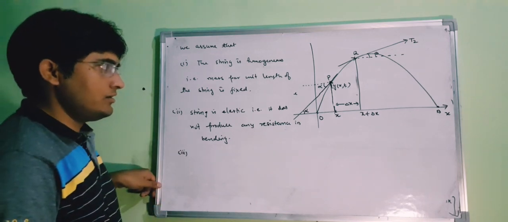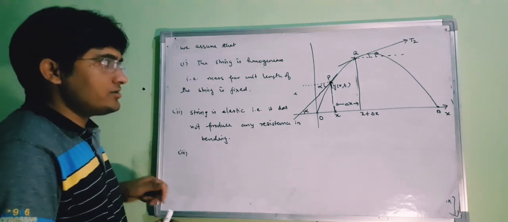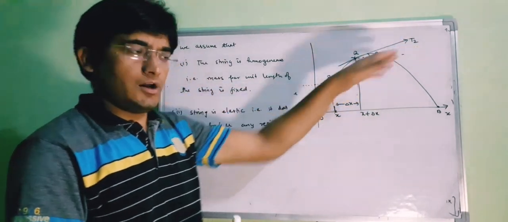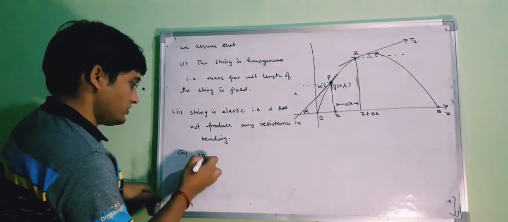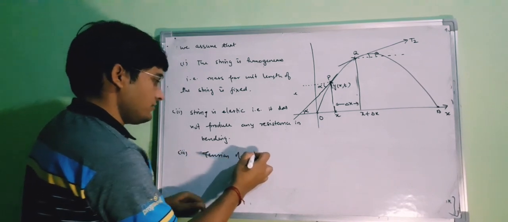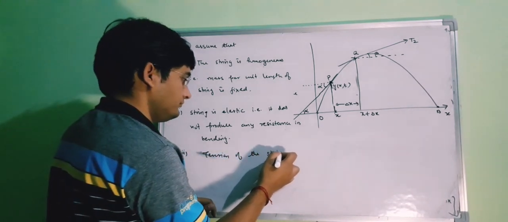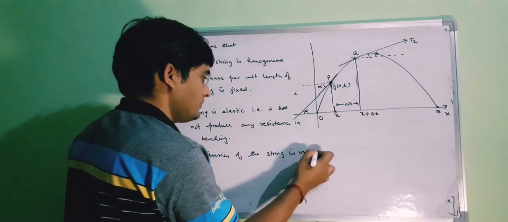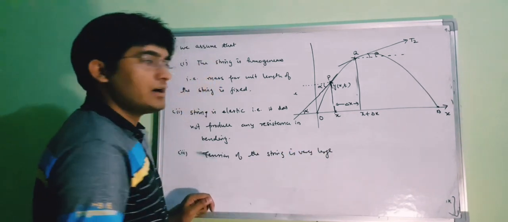The third point: suppose that the tension of the string is very large. Why are we assuming this tension very large?